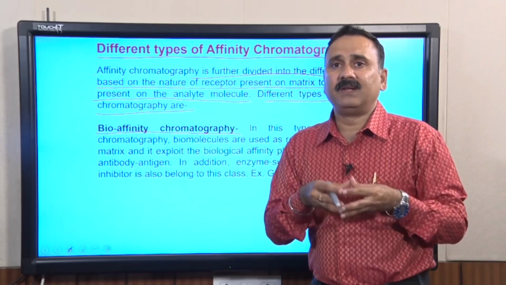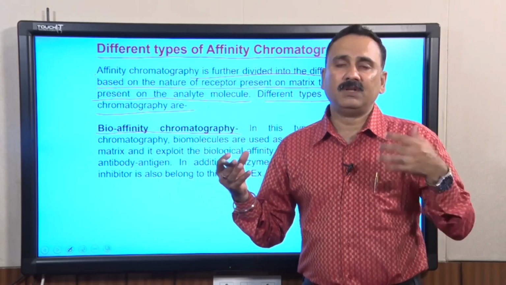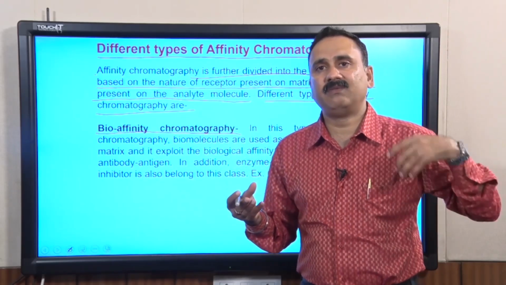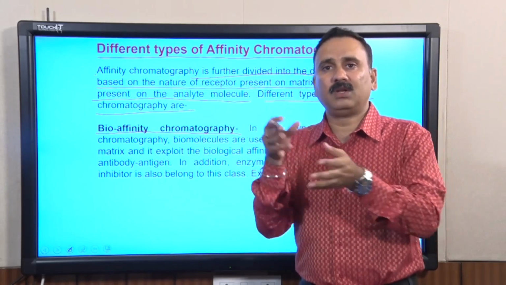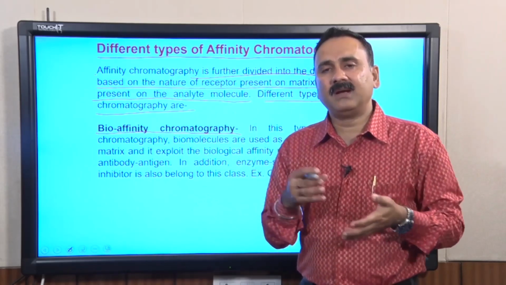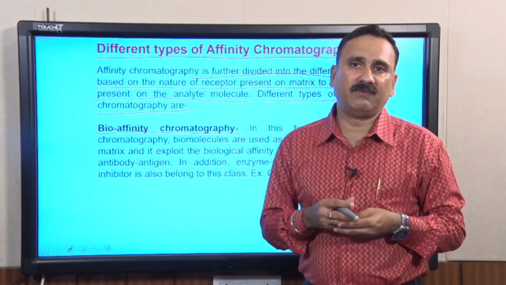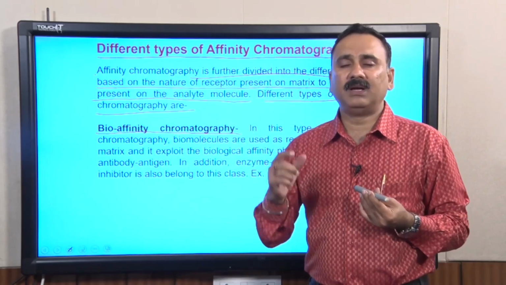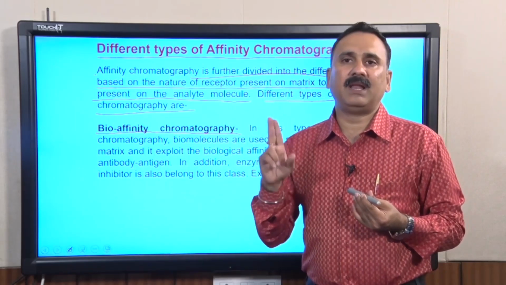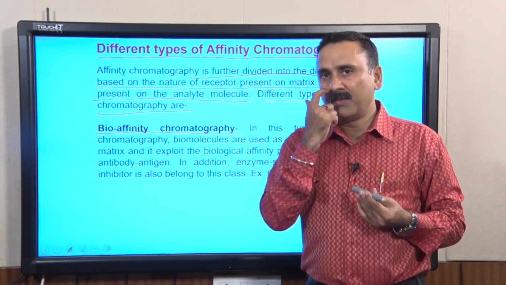Sometimes you can have a synthetic receptor or synthetic ligand which has a very exclusive affinity for a particular type of protein. In those cases it is synthetic, and there can be other variants too. That is why affinity chromatography depends exclusively on the receptor-ligand pair you have taken for performing the chromatography.